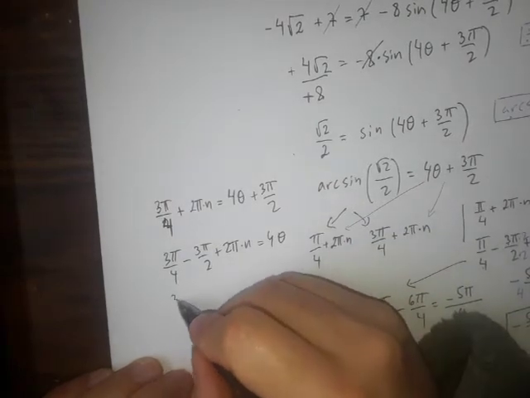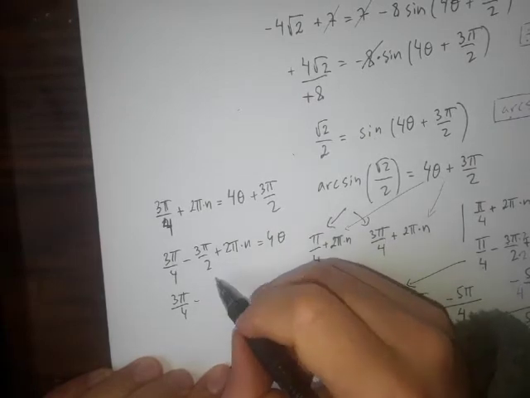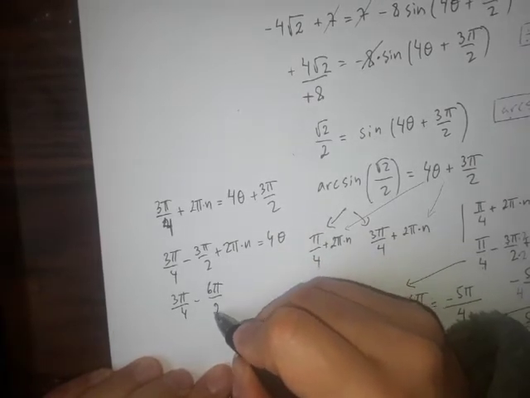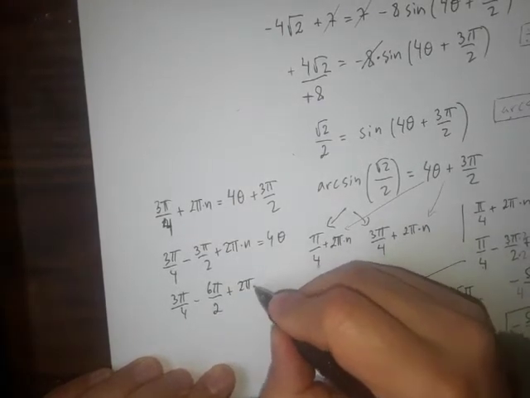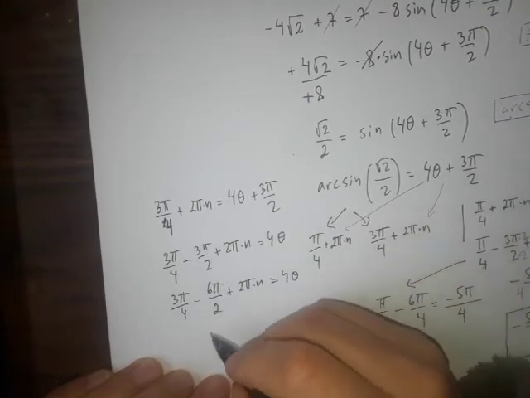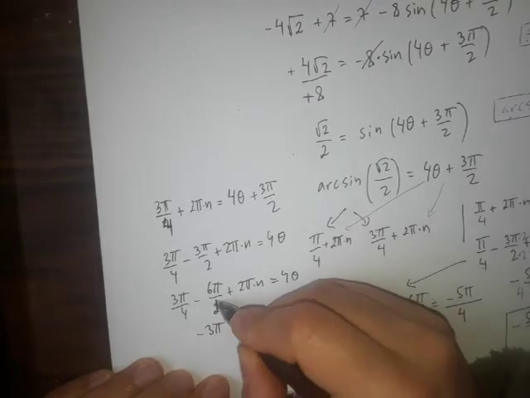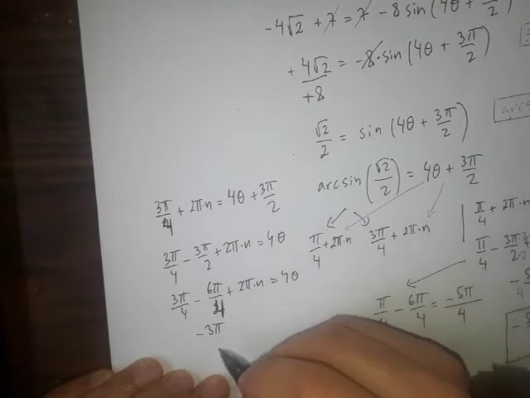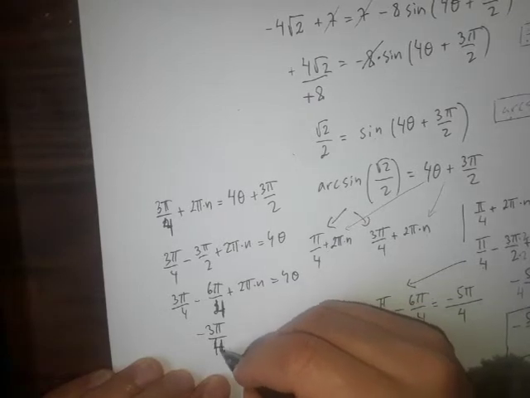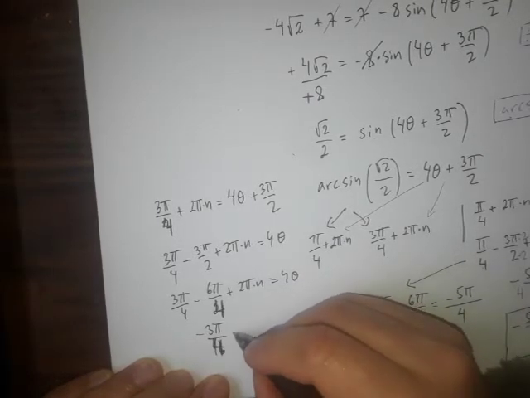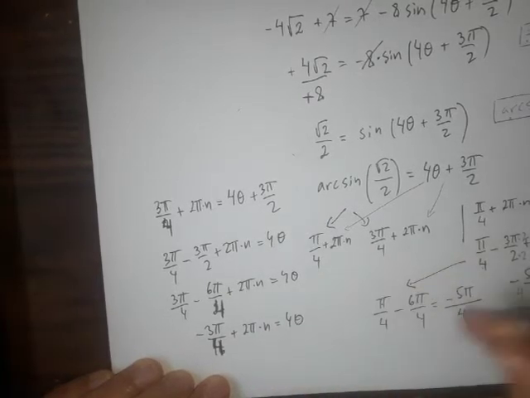And then again, for this fraction, I'm going to do 2 times the 3 and 2 times the 2, so it's going to be 6 pi over 2 plus 2 pi n equals 4 theta, and then this is going to be negative 3 pi over, sorry, here this was over 4, so it's negative 3 pi over 4, I am already thinking about the 16, plus 2 pi. When you rush, you make more mistakes. That's why it's not a good thing to rush.